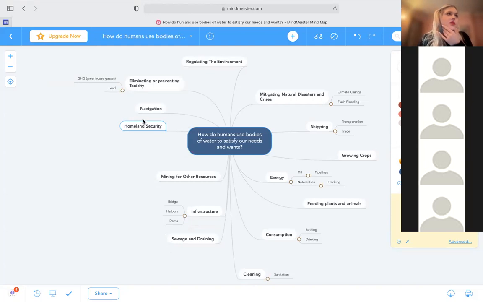If there's no military in our bodies of water, then potentially we could have foreign intervention. If another nation wanted to go to war with us, they could invade via water. And if we didn't have freedom of navigation or the ability to regulate and use that body of water, then we might be susceptible to a water-based invasion of our homeland.